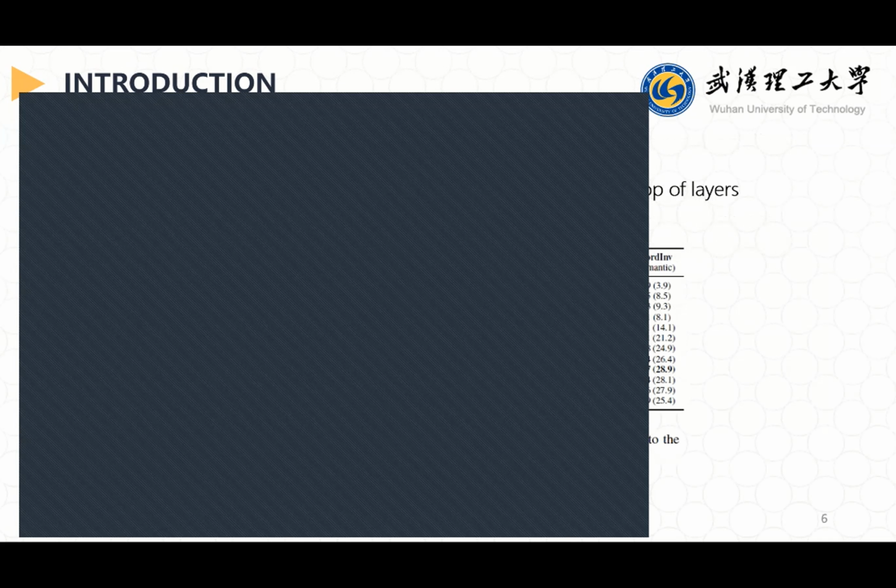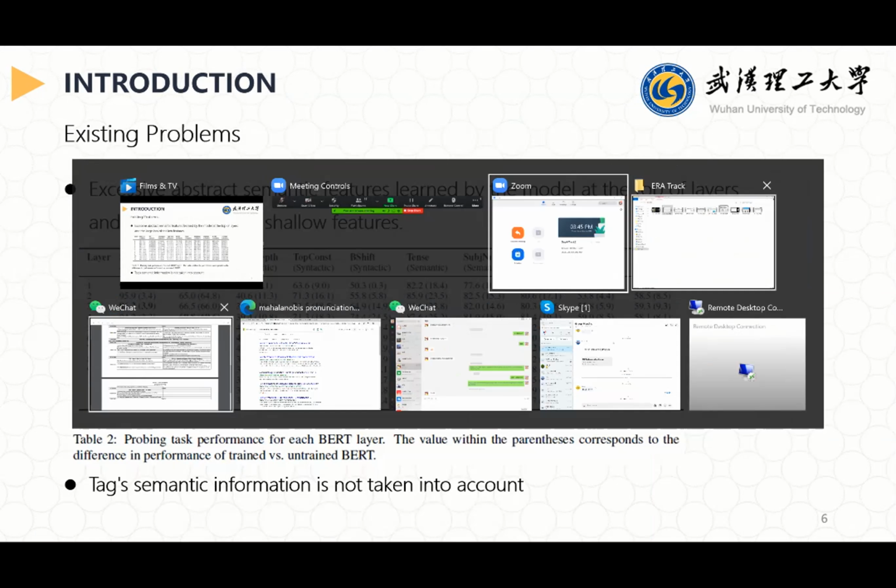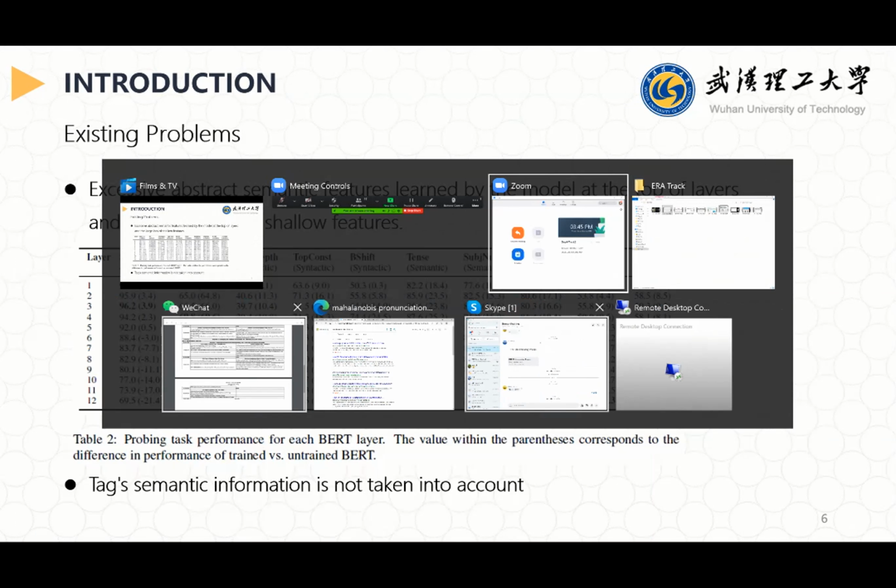However, most of the existing methods regard tag recommendation as a multi-label classification task, which regard tags as labels. This leads to 2 problems. 1. Excessive abstract semantic features learned by the model at the top of layers and the large loss of shallow features. 2.